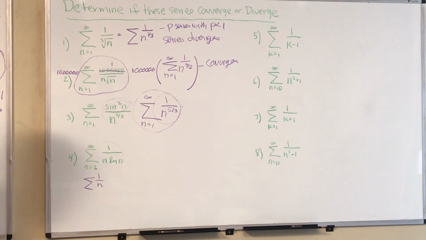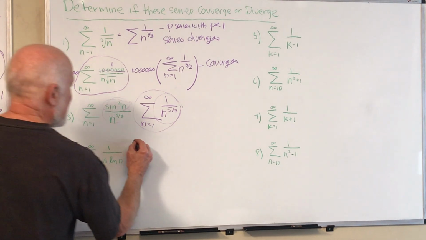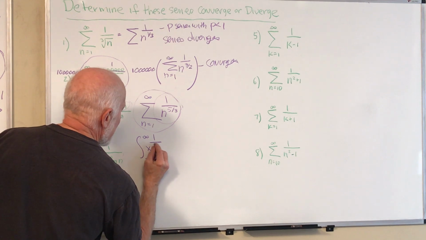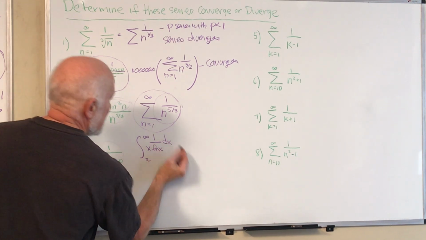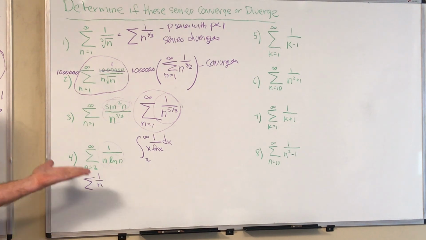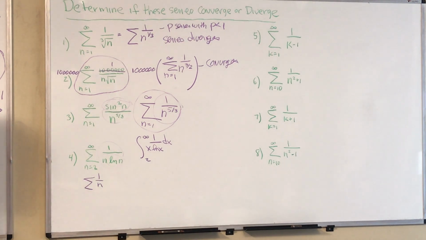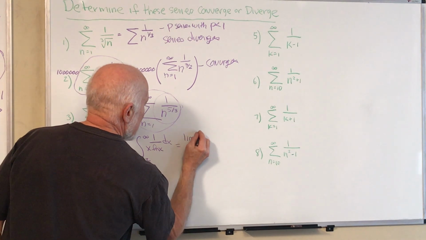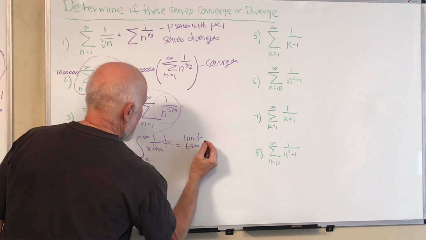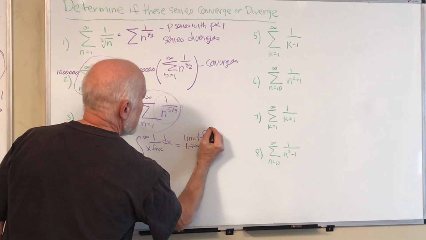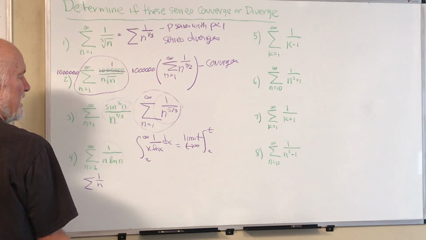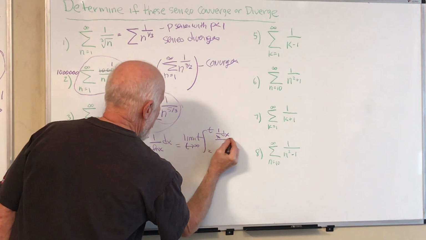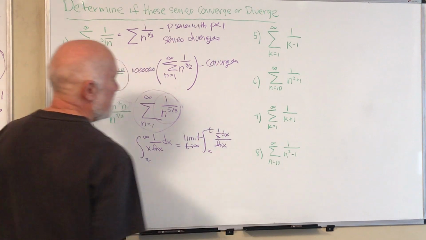So what we can do, we can always try the integral test. So let's try to convert this into a function and see if that one converges or diverges. You remember how we do improper integrals. We make this the limit as t approaches infinity, and you take the integral from 2 to t, and I'm going to write this 1 over x dx divided by the natural log of x.